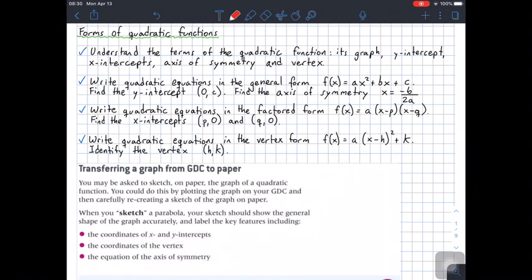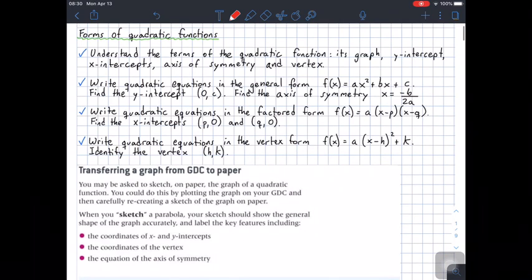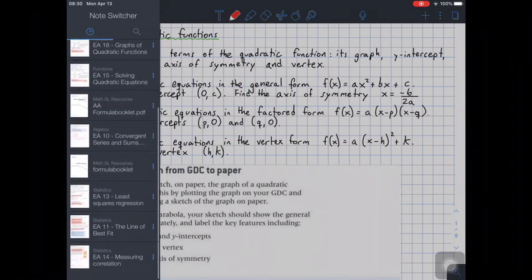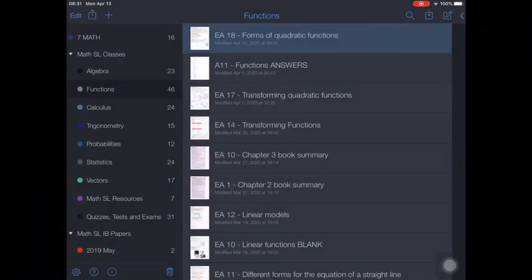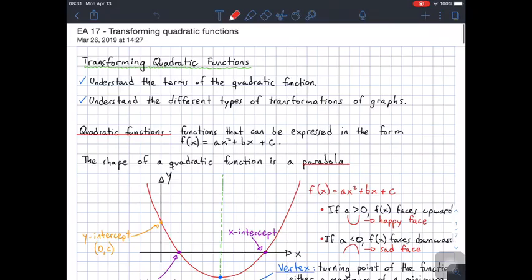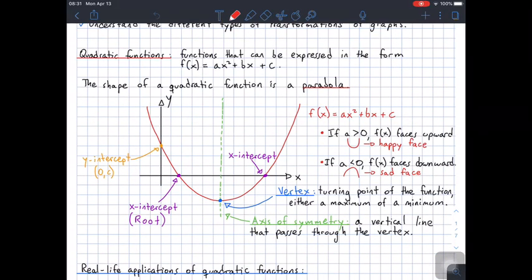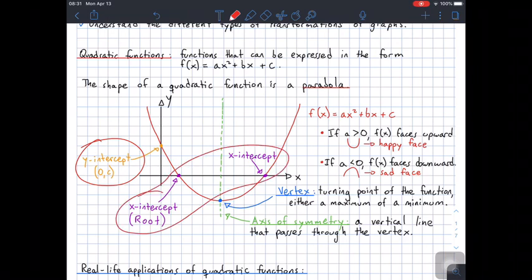the parabola. Okay, so if you remember from previous classes, we've seen the most important things that we should always identify in a parabola, which are basically the y-intercept, the x-intercepts, which could be 2, 1, or 0.